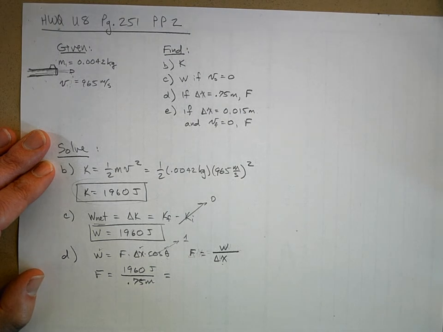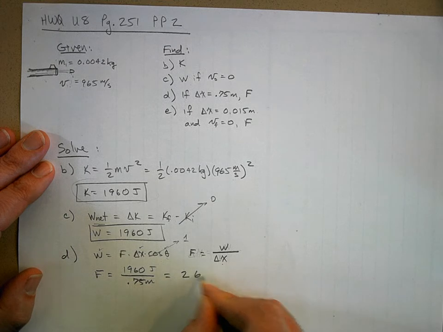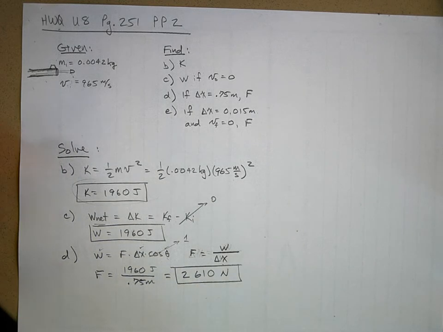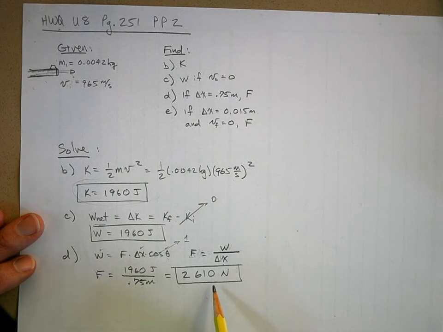So divided by 0.75 equals, and if you round off to three significant figures, you get 2,610 newtons. Or somewhat, it all depends on how you round it off. All right. Any questions on part D?